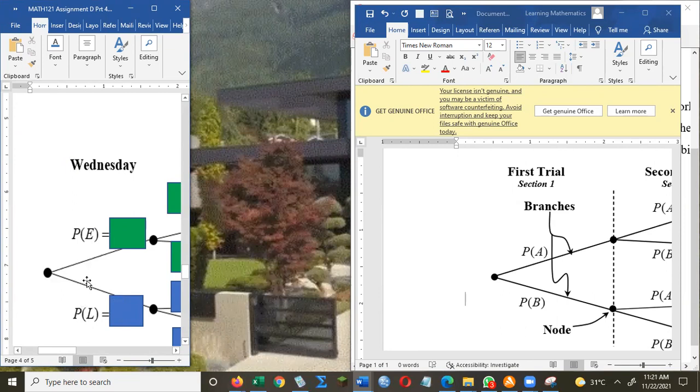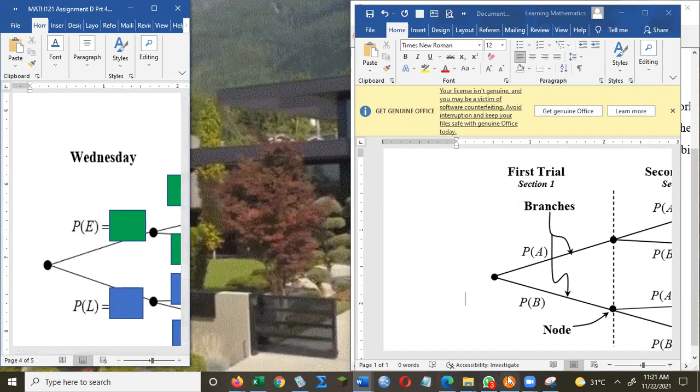Now remember, the symbol for "or" in probabilities is to add, and the symbol for "and" is to multiply. The operation for "or" is a plus, and the operation for "and" is multiply. We always remember that. You can either come late or early.